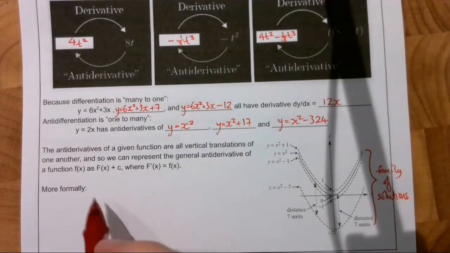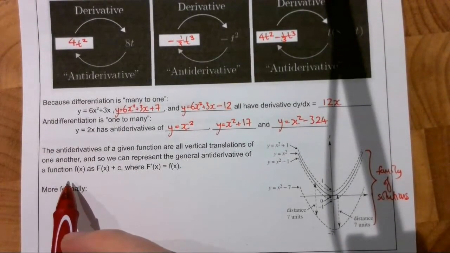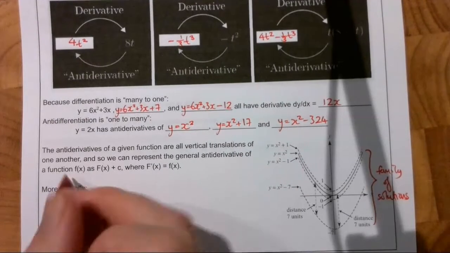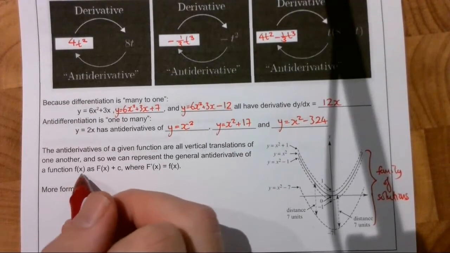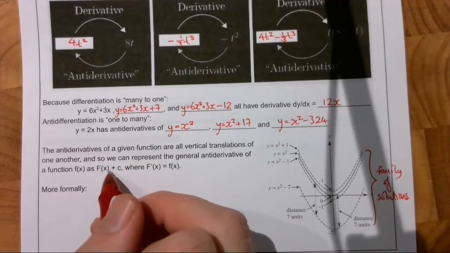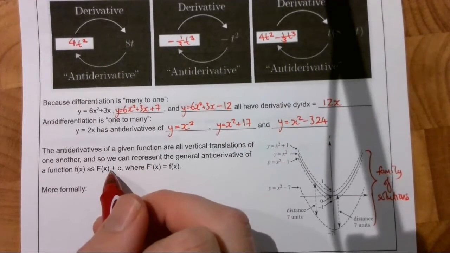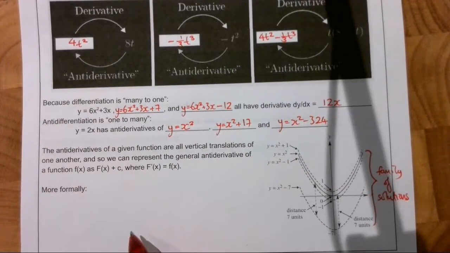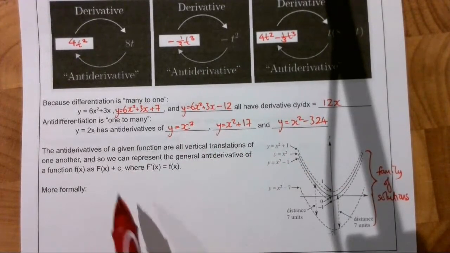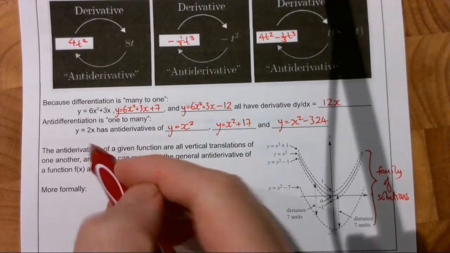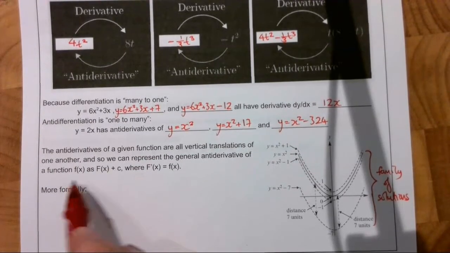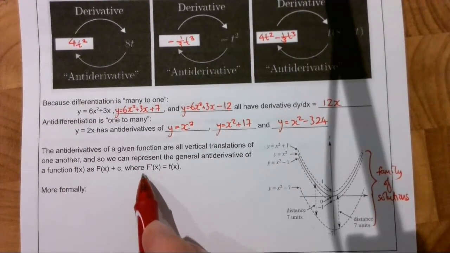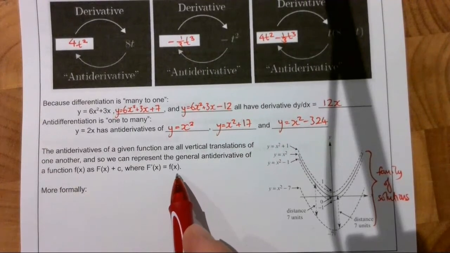And so if we start with an original function f of x, we use our normal little f. We call the antiderivative big F of x, and there's always going to be a plus c, and the plus c could be anything. So big F of x is the antiderivative of little f of x, or in other words, the derivative of big F of x is little f of x.